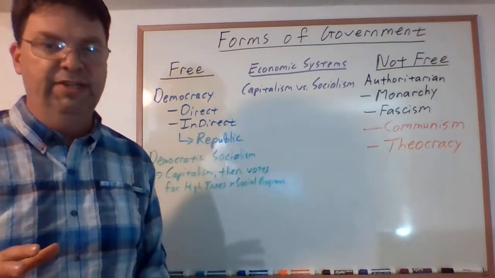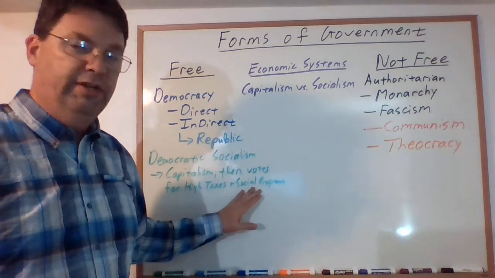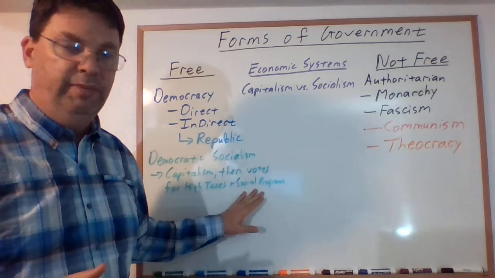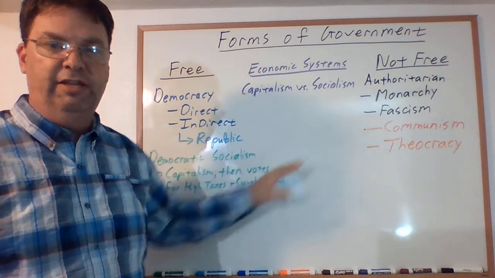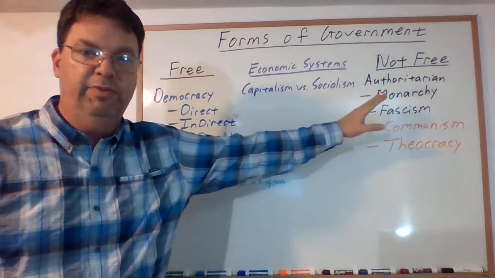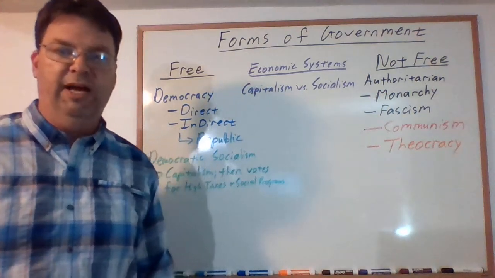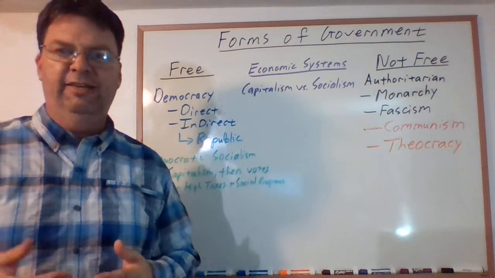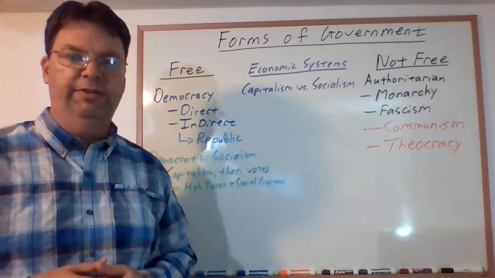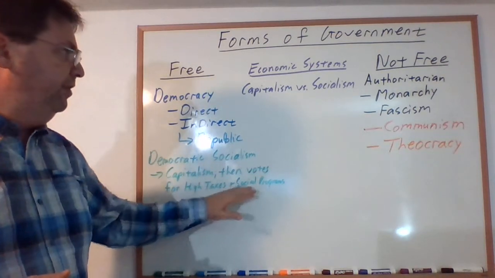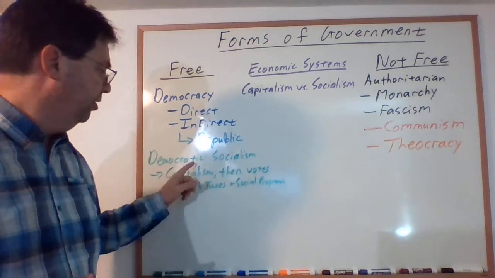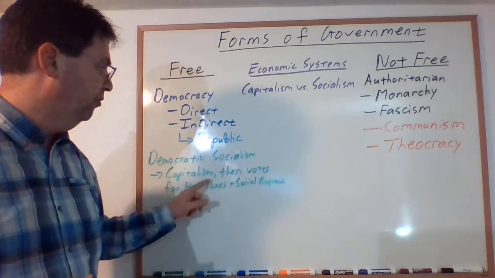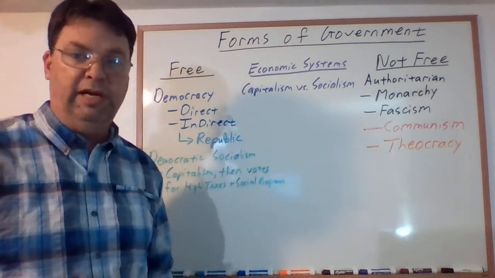The problem is that because the word social is in there, people tend to equate it with socialism, as if somehow you have a social program, therefore you jumped over to this side of the box. We're going to get into that a little more tomorrow. So don't confuse those two things. This is not socialism. These people are a democratic system that votes for social programs.